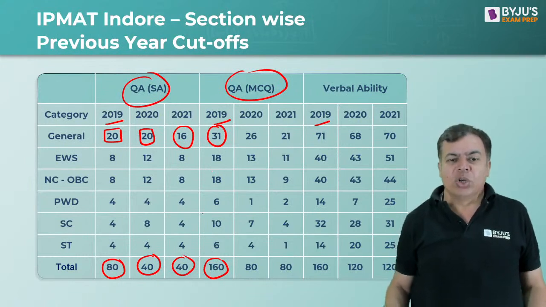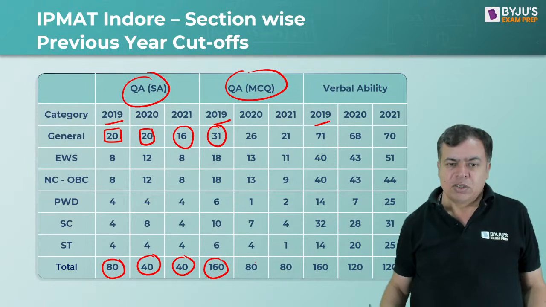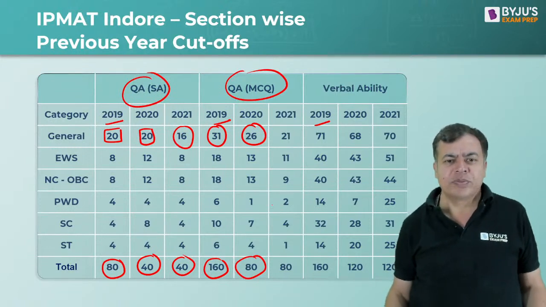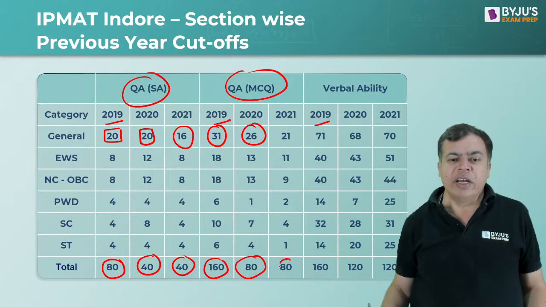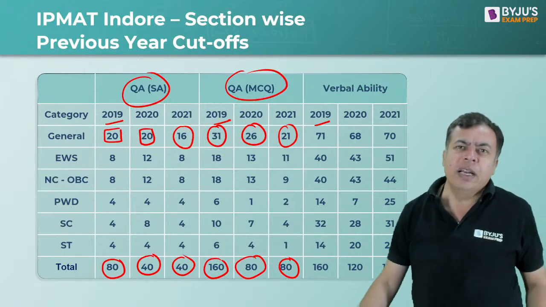Okay, so you can again see that even in 2020, out of 80, just wait a minute, so this is out of 80, it was only 26. In this case it is 30% or close, right? In 21 it was 80 out of 80, that is 25%, close to 25%, right?